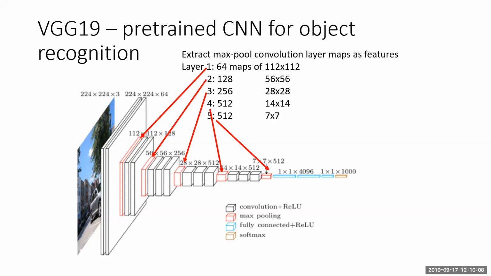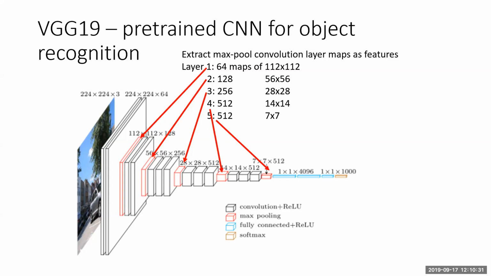Just to reiterate, these are a lot of, let's say, features. So this is 64 maps of 112 by 112 for each map. The original image gets transformed as you go through each of these layers, and they get downsized.